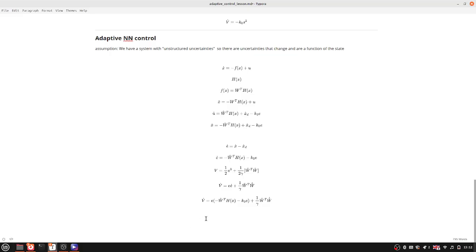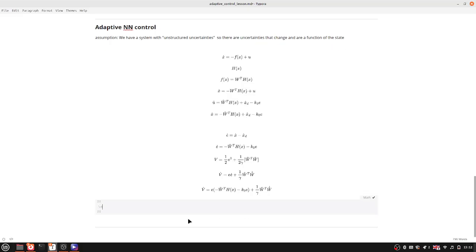Cool, and now let's take out some terms that we want to keep and group up some other terms. So E times minus K0E is minus K0E squared, and this is ultimately what we want V dot to be equal to, but we've got to consider our W tilde. So remember how we did it before, add W tilde and then group the terms. So the positive W tilde is in terms of just W tilde dot and 1 over gamma.